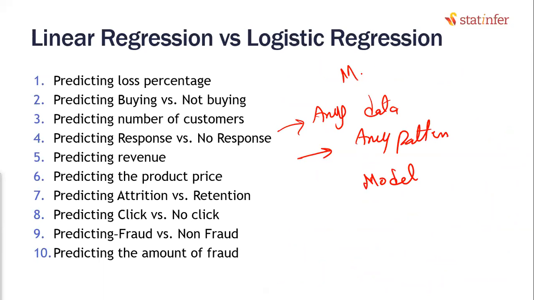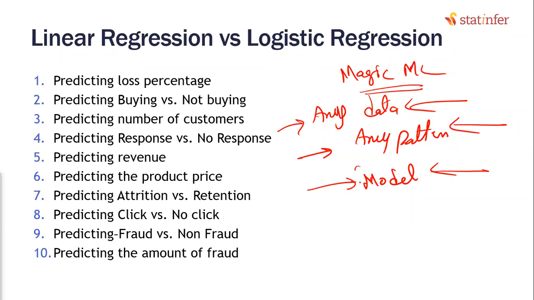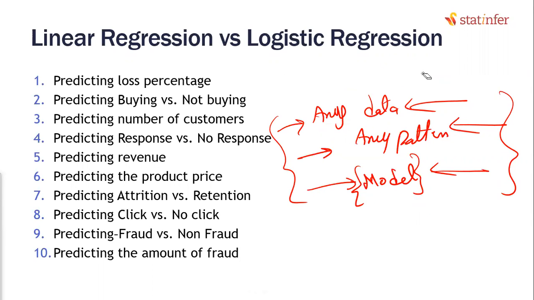It's a magic ML model that will take any data, any pattern, and it will automatically adjust. It's such a flexible model. It will automatically adjust, add all these terms on its own and give you the model. Do you know the name of that magic machine learning model that can fit for any data and any pattern?